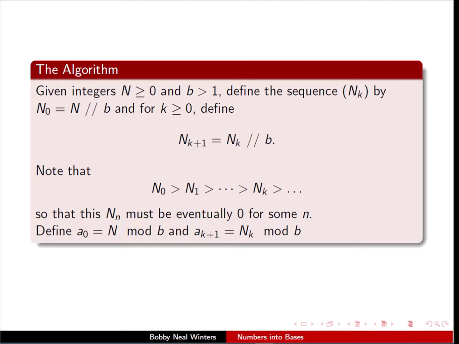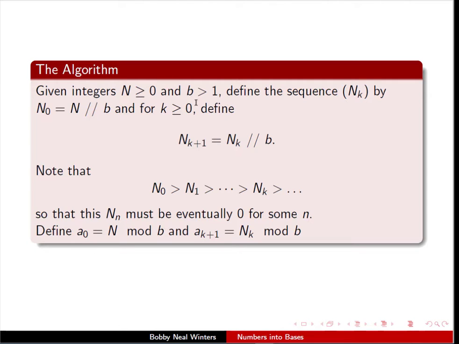And that is an assumption. Given any base, do you know that you can represent any number in that base? So what I have here, I'm setting up the algorithm a bit more formally.